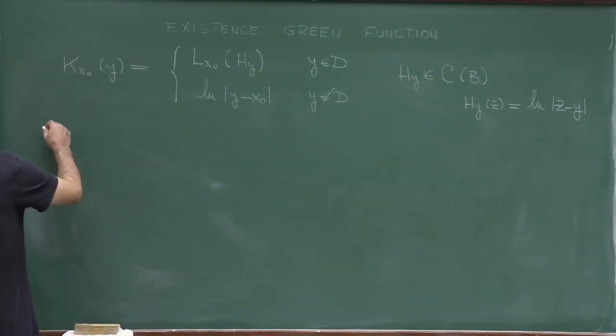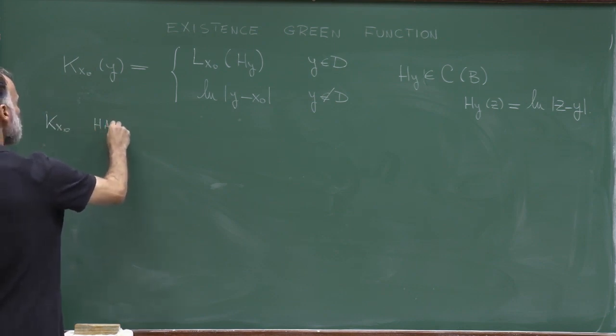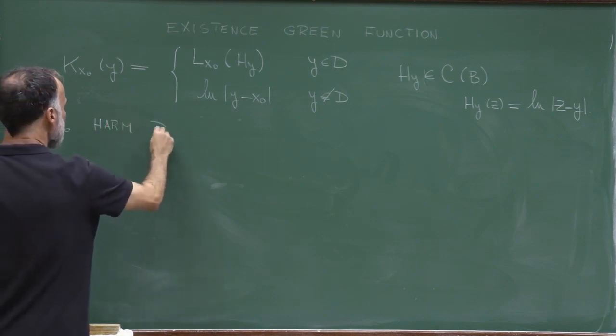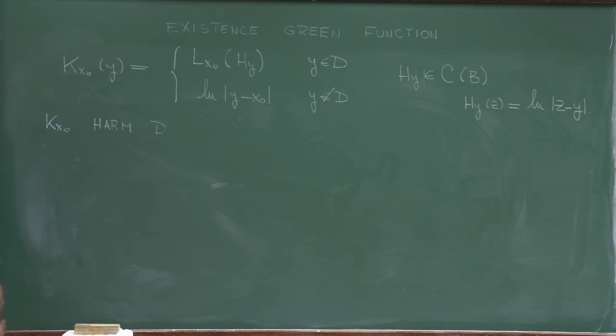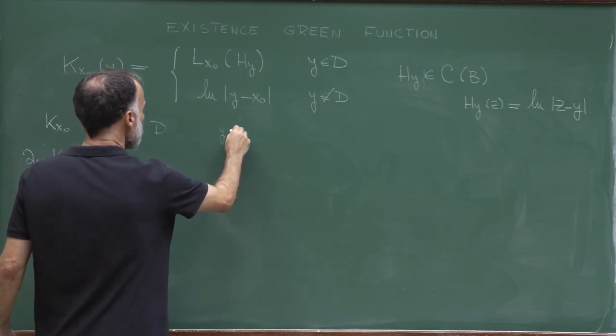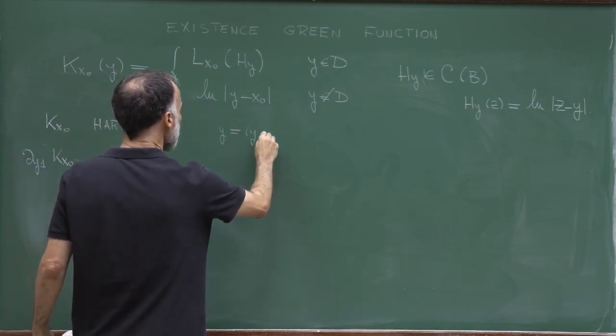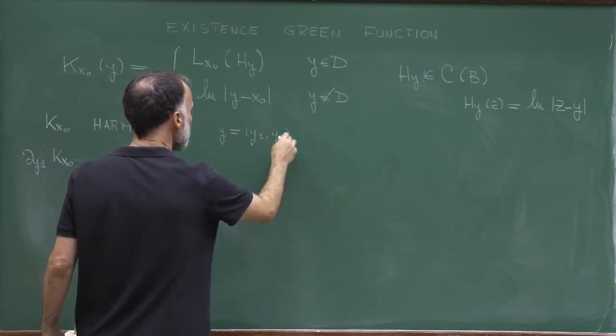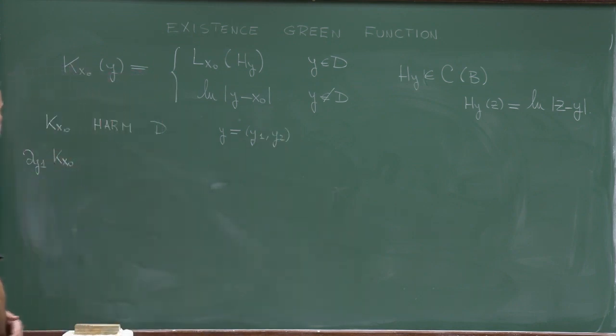So let me start by proving that k x0 is harmonic on D. And to prove that, I want to first compute the derivative with respect to the first direction of k. Here I'm writing y as y1, y2, so y1 and y2 represent the two coordinates of y.